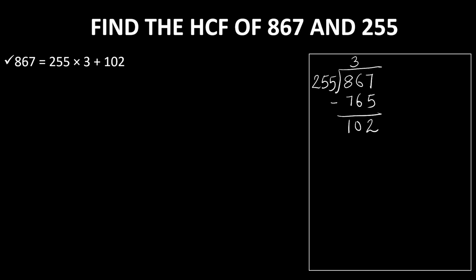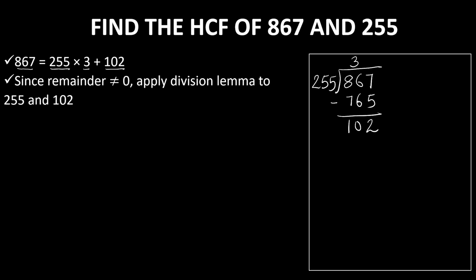We will write it down as 867 dividend is equal to 255 divisor into 3 quotient plus 102 remainder. Now, in this step, we got remainder as 102 which is not equal to 0. Therefore, we will apply division lemma to 255 and 102 again, considering 255 as our dividend and 102 as our divisor.